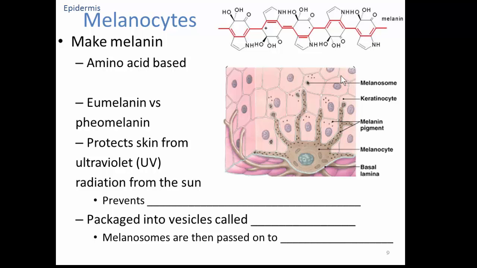The melanocyte is not only itself protecting us from UV radiation and cancer, but it's also spreading its protective compounds to the neighboring cells, helping to protect them too. So oftentimes the melanin from the melanosomes will end up on the sunny side of the nucleus of the keratinocytes in order to protect that nucleus and its DNA from UV damage.